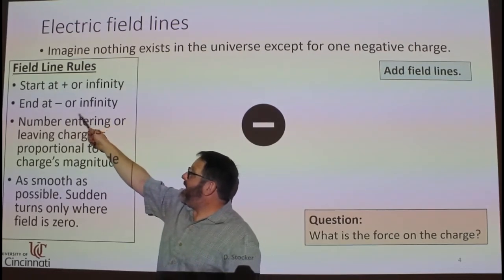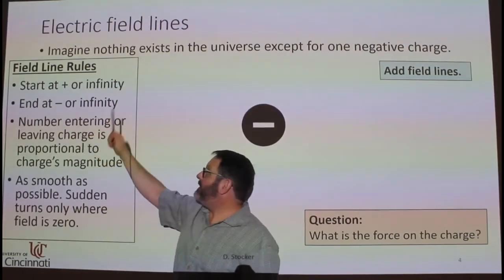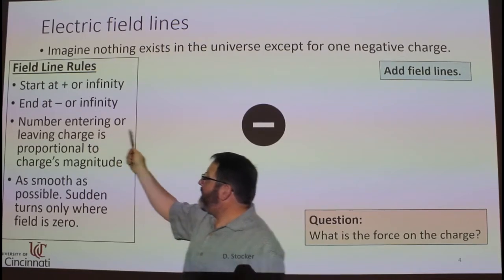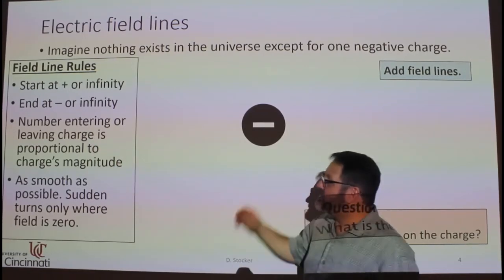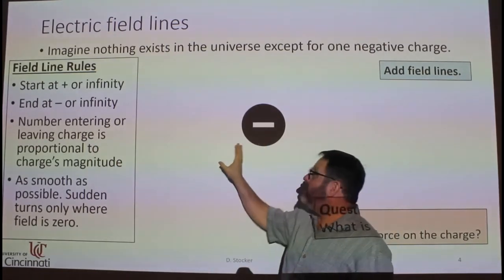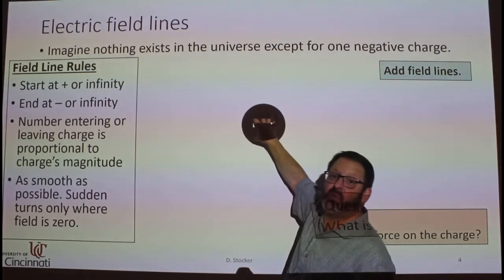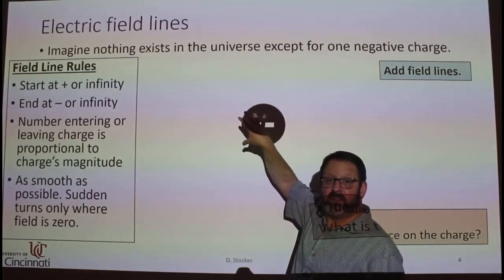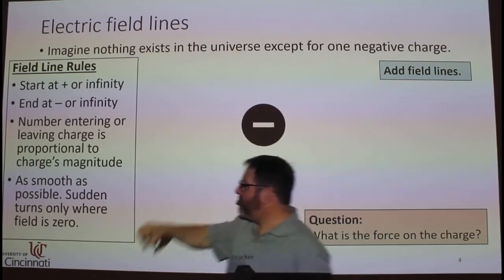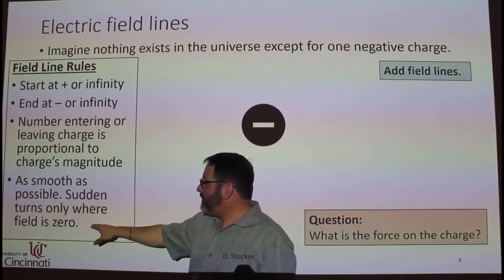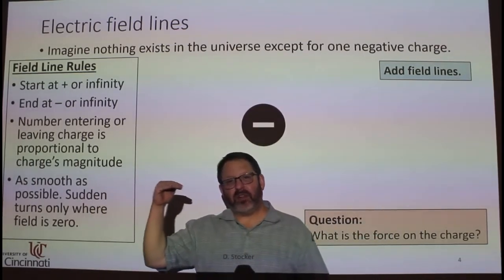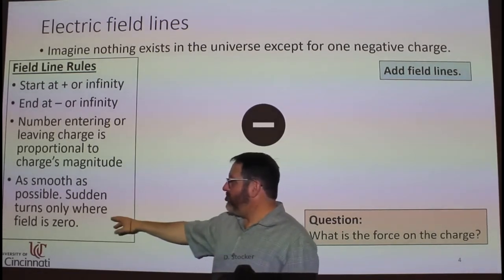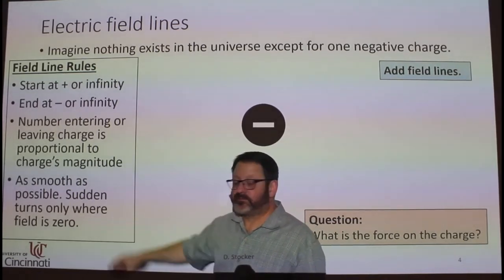They can end at a negative charge or at infinity. The number entering or leaving a charge is proportional to the charge's magnitude. So if I made this negative charge twice as big, it would have twice as many field lines associated with it. And the field lines should be as smooth as possible. They can only make sudden turns when the field is very close to zero.